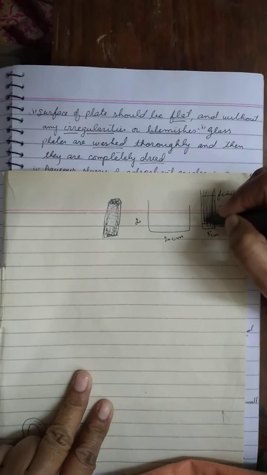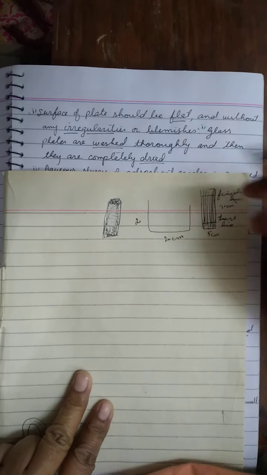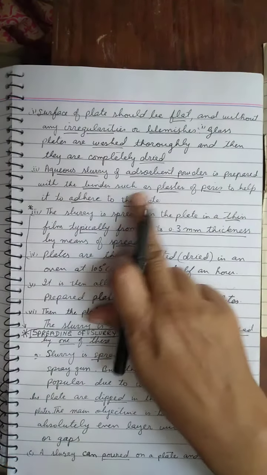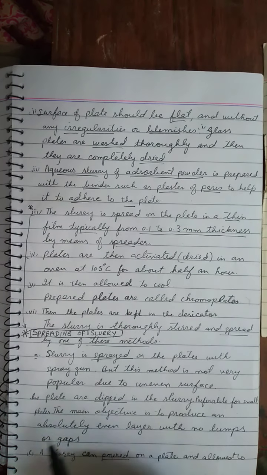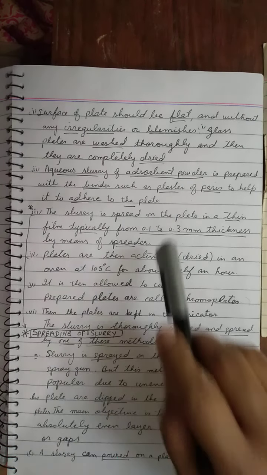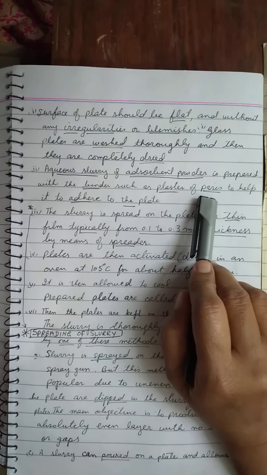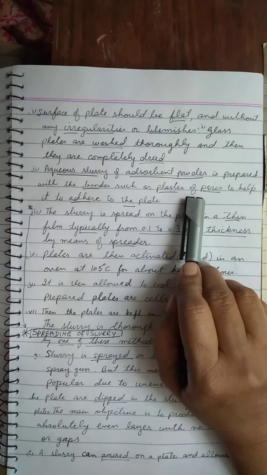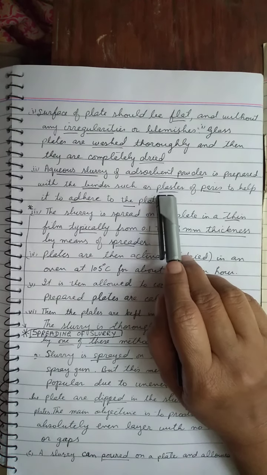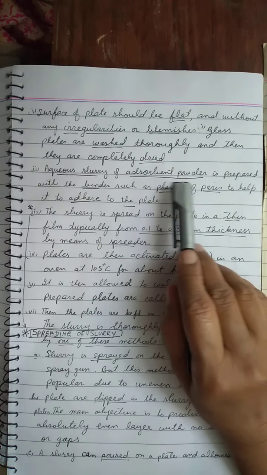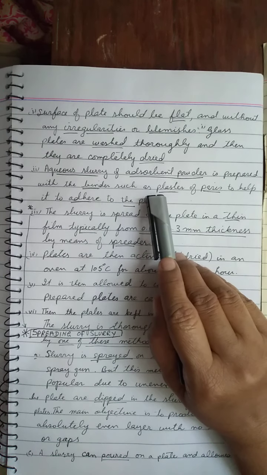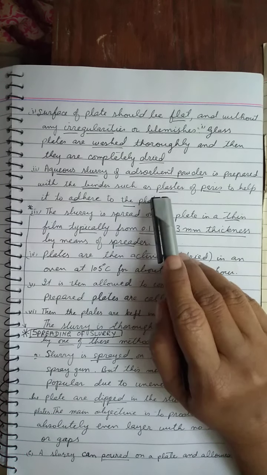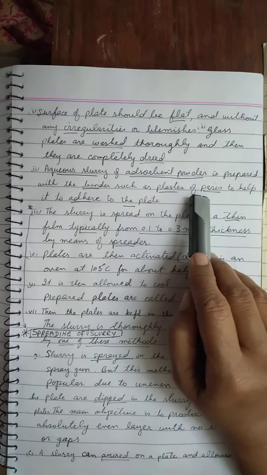Binder means plaster of Paris. You will use plaster of Paris plus silica plus water, and you will make a paste or slurry of this. Then you will put that slurry over the glass plate.